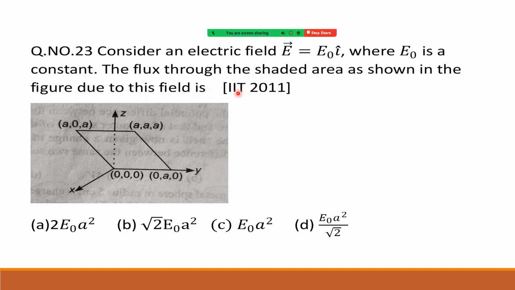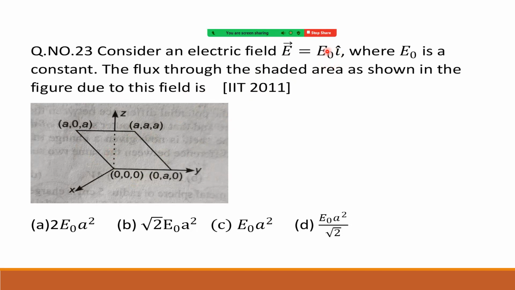This is a previous IIT question, 2011. We have to focus now on the flux through this given area. The electric field is along the x-axis, E naught i cap. And the calculation of electric flux is the integral of E bar dot dS bar.